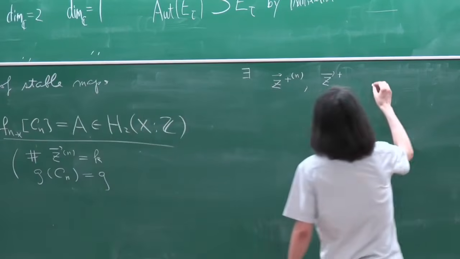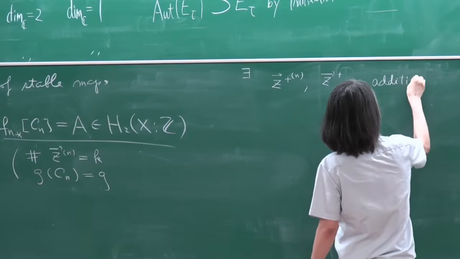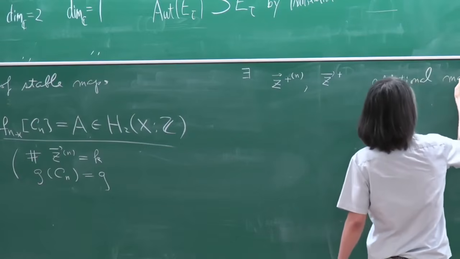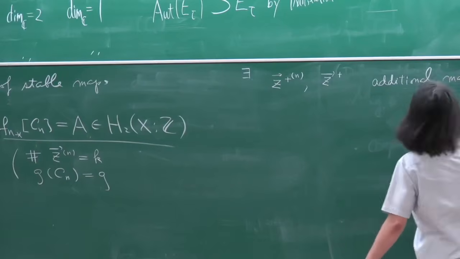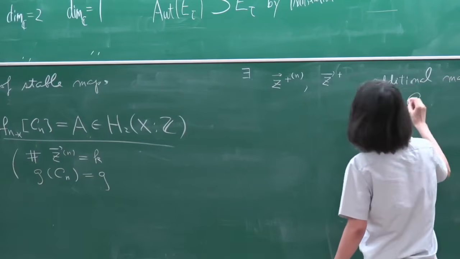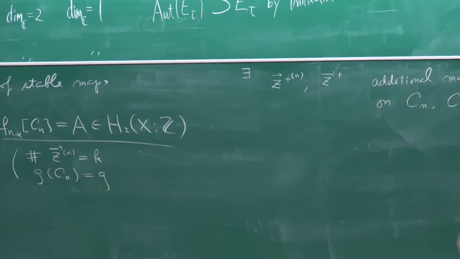They are additional mark points on Cn or C, away from Zn and Z, and possibly nodal points.